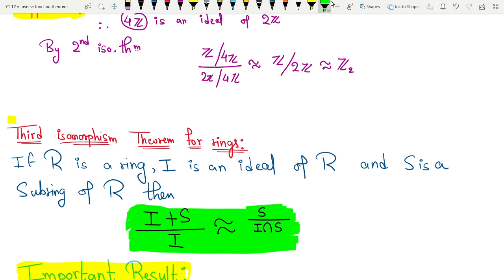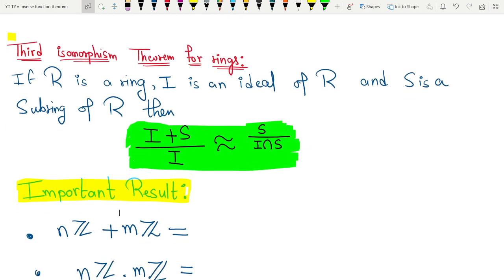As I said, we are looking for an application. To get an application, again we'll be working in Z, because Z is nothing but the origin of rings, right? Whatever definitions we have in rings are just the properties of Z which we want to generalize. So let's see an application based on Z only.